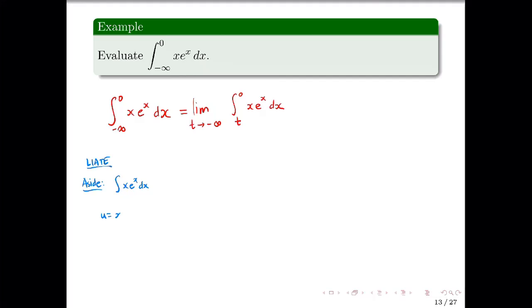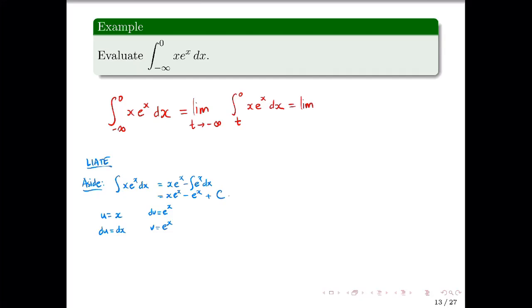So we let u be x and dv be e to the x dx. Then du equals dx and v is simply e to the x. So this is x e to the x minus the integral of e to the x dx, which is x e to the x minus e to the x plus some constant c. But we don't need the plus c because we are doing a definite integral here.